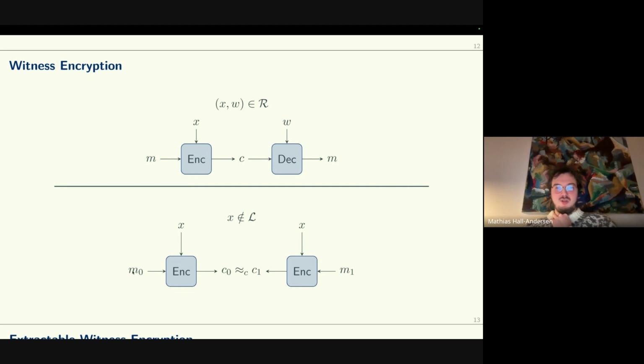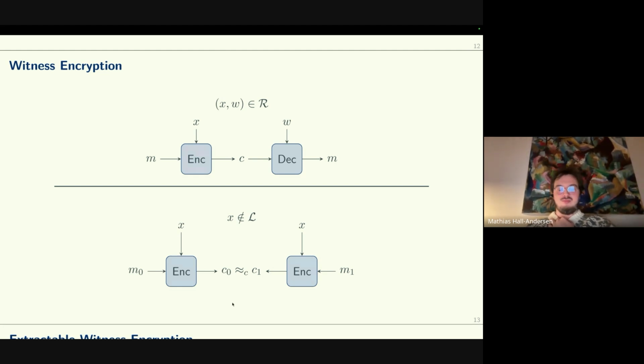And if I encrypt, I have two games, two distributions. One in which I encrypt M0, and one in which I encrypt M1. And it says that the distribution of ciphertext in the 0 case and the ciphertext in the 1 case are computationally indistinguishable. Exactly like you would have in public key encryption, right? You set up some public key, and you get to give me two messages, and I encrypt one of them.